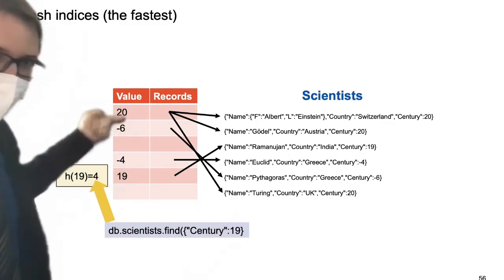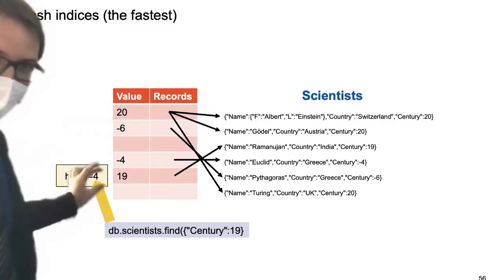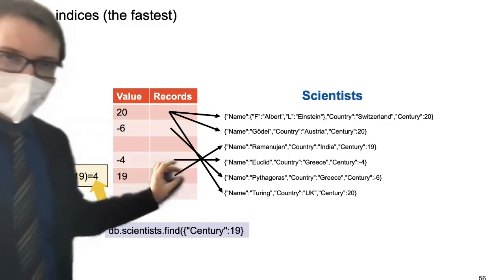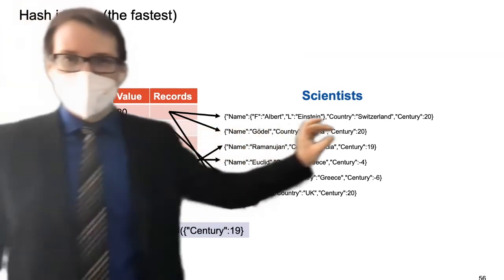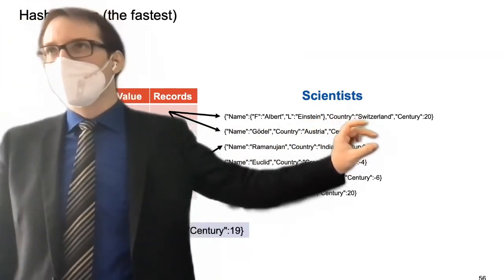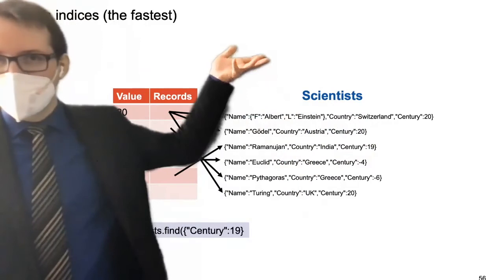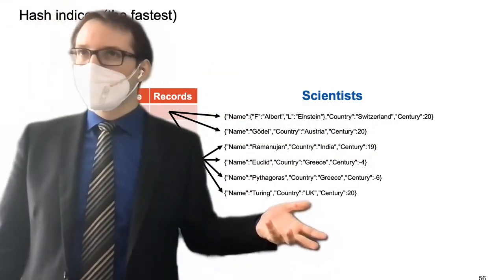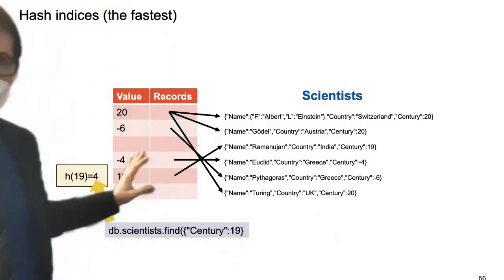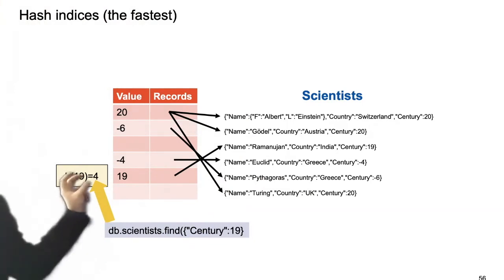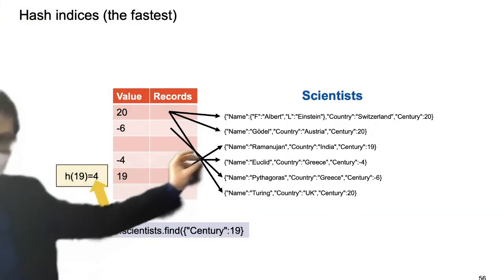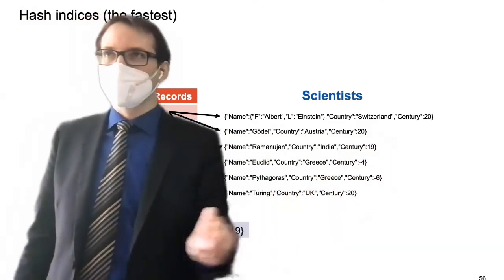We know how to do that in the computer. So 0, 1, 2, 3, 4. It's instant, we go there and we follow the pointer. You see, that's how we do it in 2 milliseconds. In Spark, we would have had to scan the entire data set. But in MongoDB, we have this index and we just use the magical hash function to directly find the pointer that tells me what object to return.